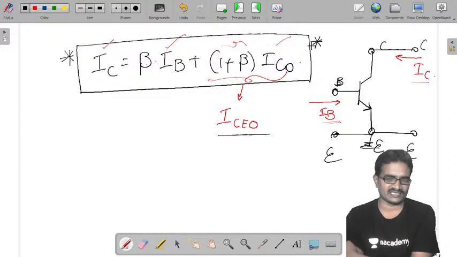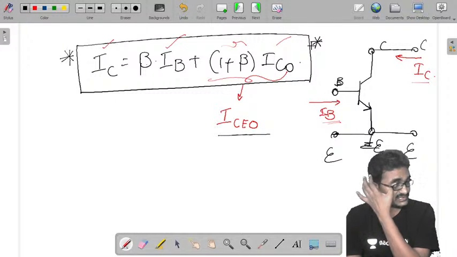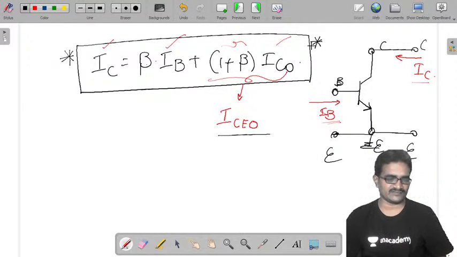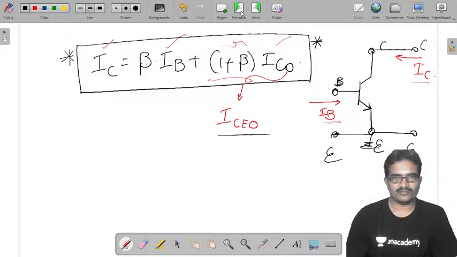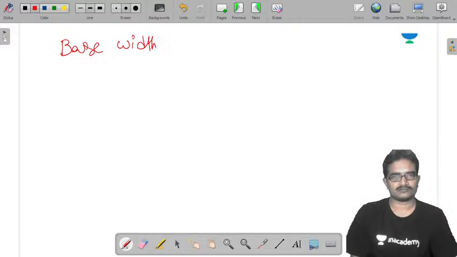And to understand your biasing effectively, first you should know about CE characteristics of your transistor. Before going to the CE characteristics, first I am going to discuss one important topic, that is base width modulation.